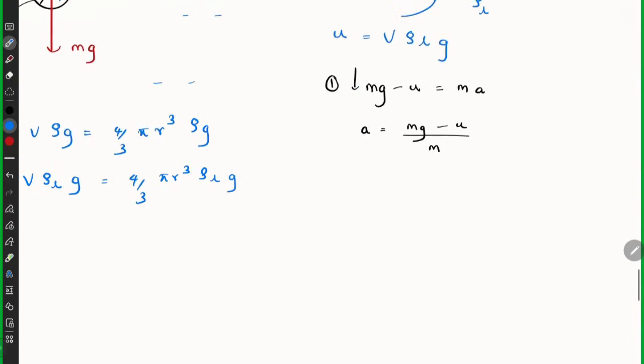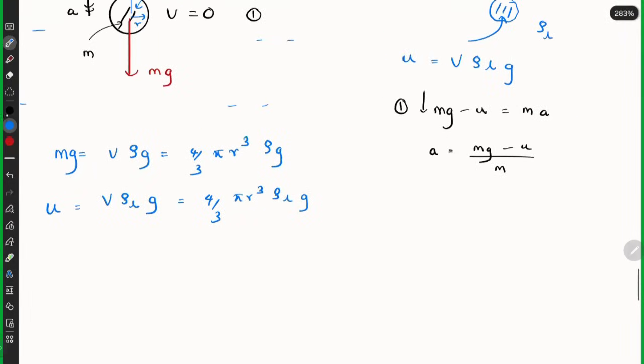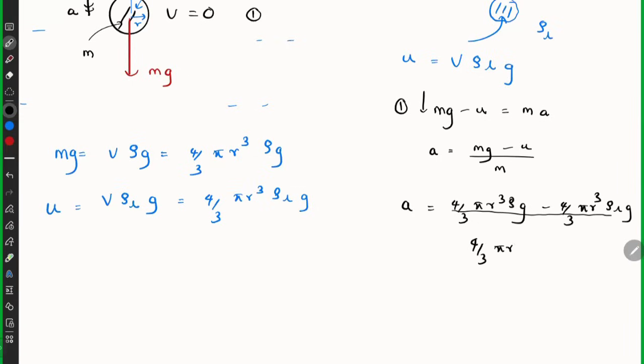All right, now I can substitute it here. Acceleration is equal to (mg minus U) over m. What's mg? 4/3 pi r cubed rho g. That's mg minus upthrust, 4/3 pi r cubed rho liquid g, now divided by the mass, which is 4/3 pi r cubed rho.